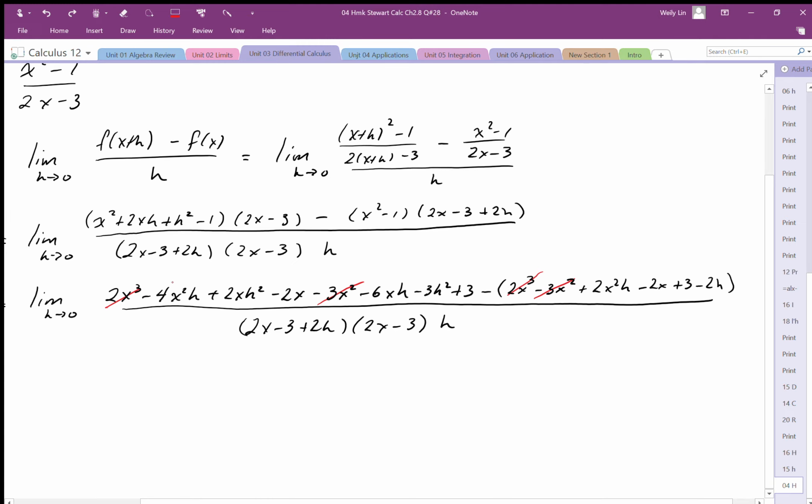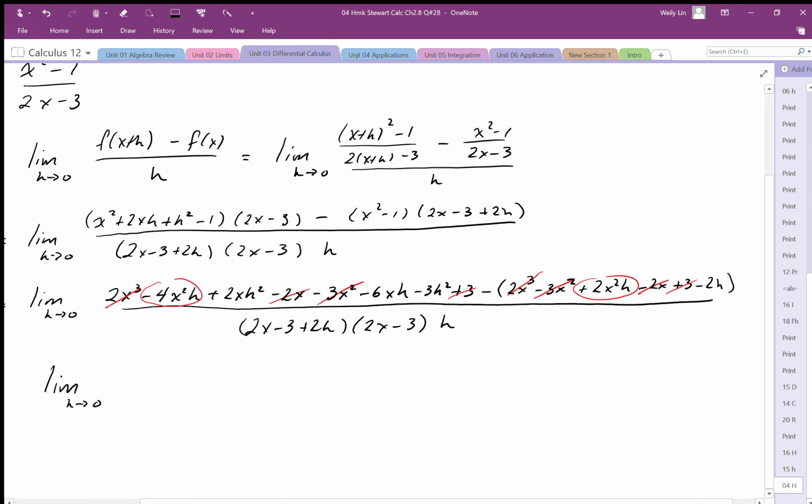Okay, so I'm going to group together these terms. Those are like terms. And 2x minus 2x, negative minus a negative. Plus 3's cancel out here. And I don't have a minus 2h, so it looks like everything cancels except for these two terms in the second part here. Okay, so now I'm just going to combine my like terms.